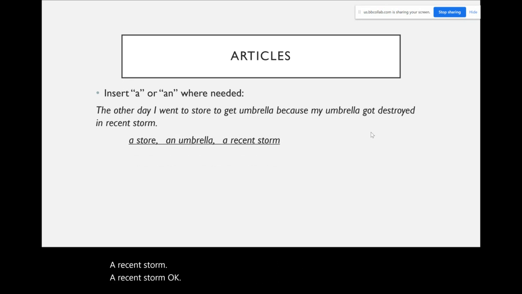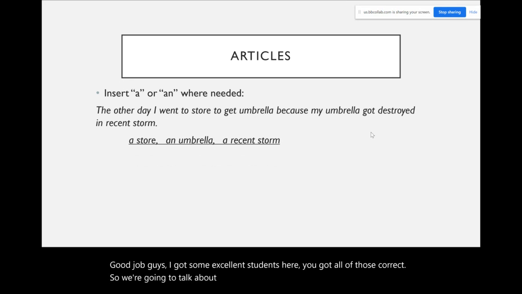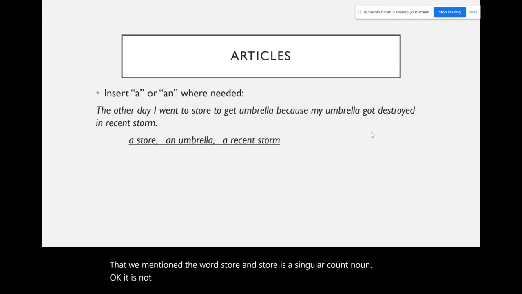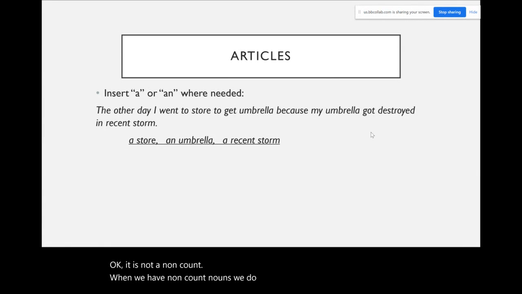Good job, guys. I've got some excellent students here. You got all of those correct. So we're going to talk about why these go here, just to clarify the rule or the reason. So we put a before store because this is the first time that we mention the word store, and store is a singular count noun. Okay, it is not a non-count. When we have non-count nouns, we do not ever use a or an.